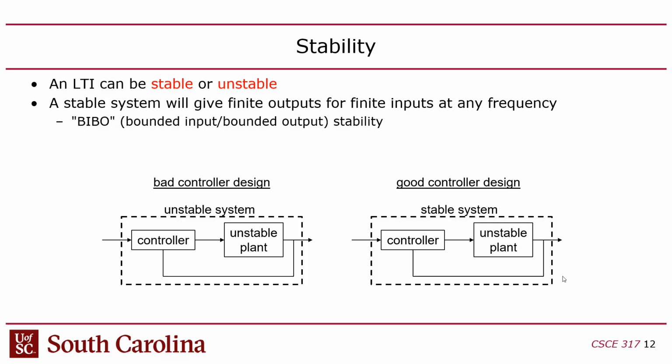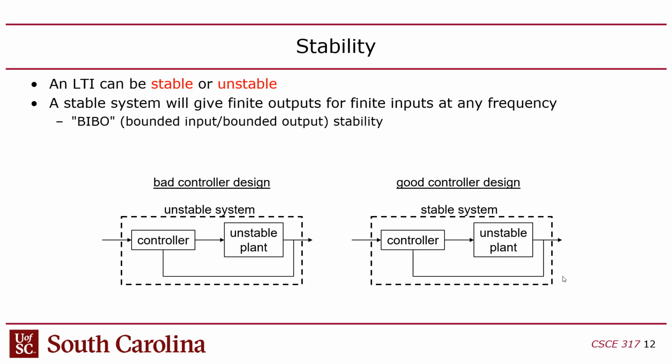The controller could be bounded or unbounded, but the point is when you put them together, the resulting system should be bounded. Does that make sense? We don't want it to get into a state where it oscillates and the magnitude gets bigger and bigger in an unbounded way.